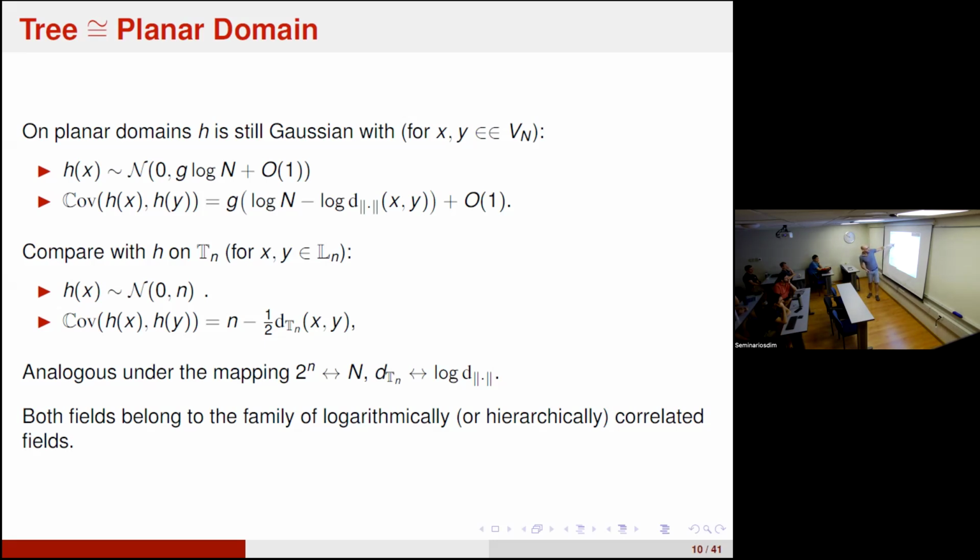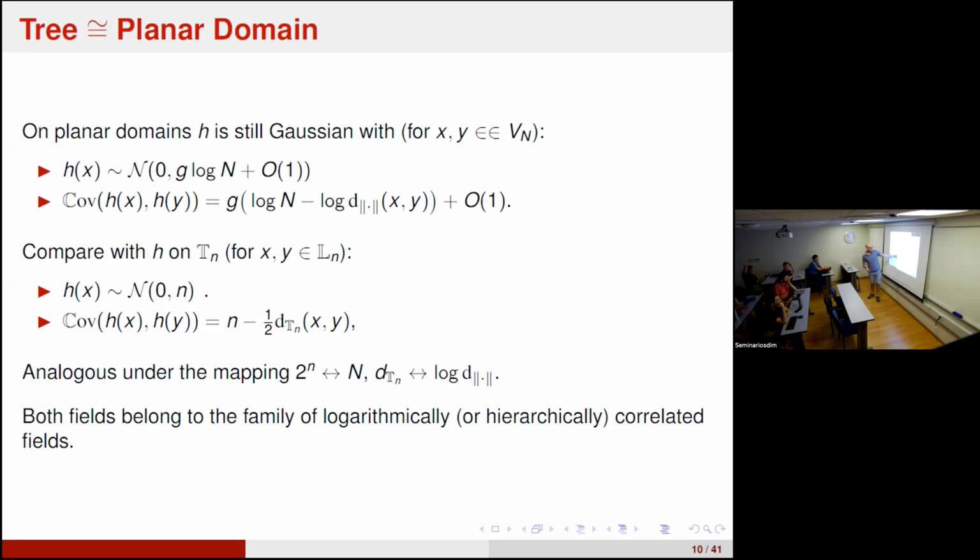Now, if you compare these two things, and you replace n with 2 to the n, it begins to look similar, and the idea is that the log of the Euclidean distance is not very far from the graph distance in a tree.